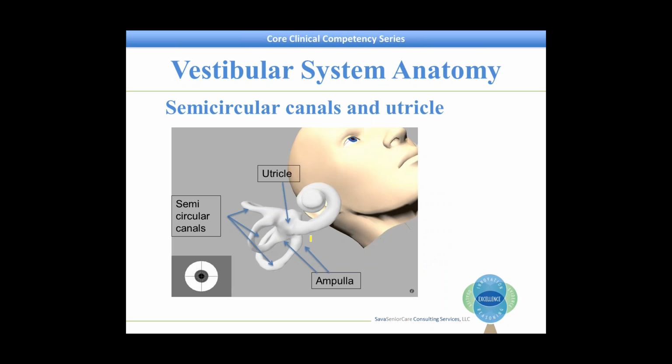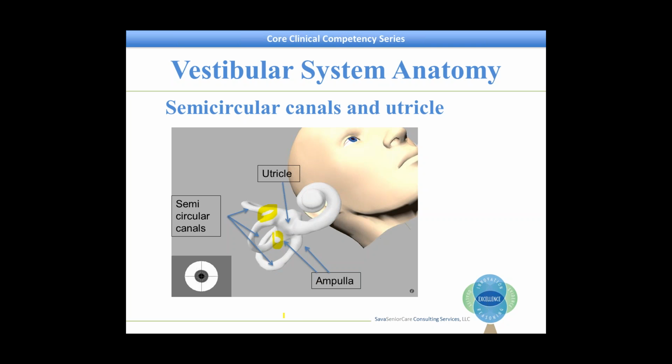So general anatomy, again, for the sake of this lecture, we're just going to talk about the utricle. That's where the otoliths are housed. And we're going to talk about the semicircular canals. Now the ampulla, that is that little enlarged area right here at the end of each canal. Up in here, that's the area that has the cupula in it, that has those little hair cells.